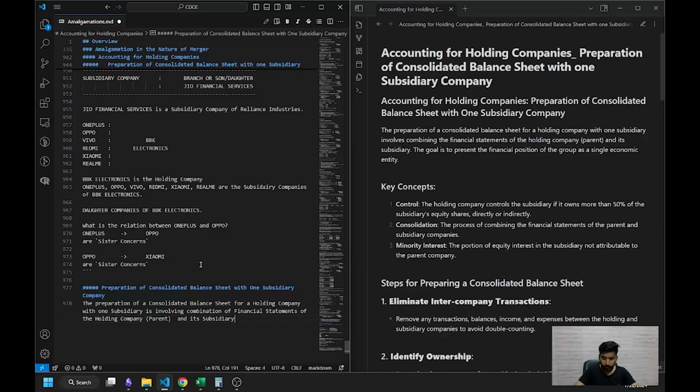The goal is to present the financial position of the group as a single economic entity.